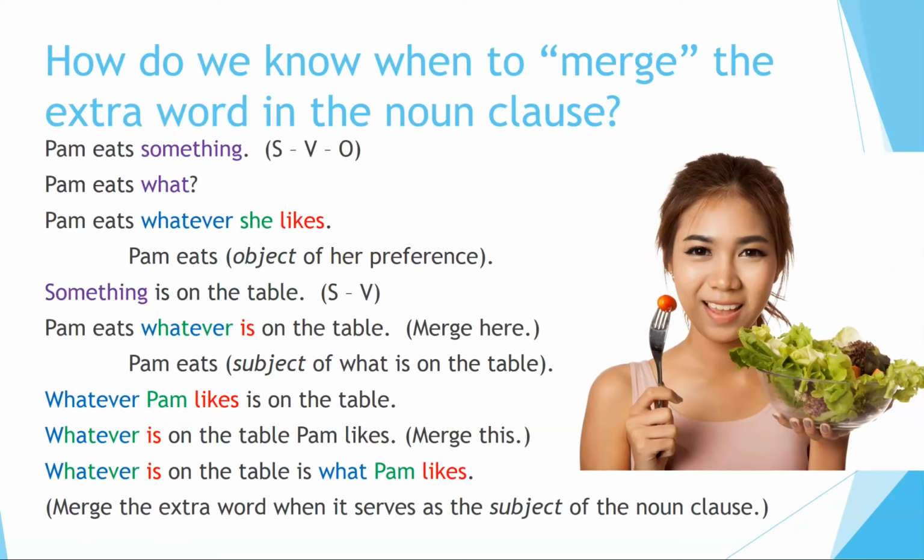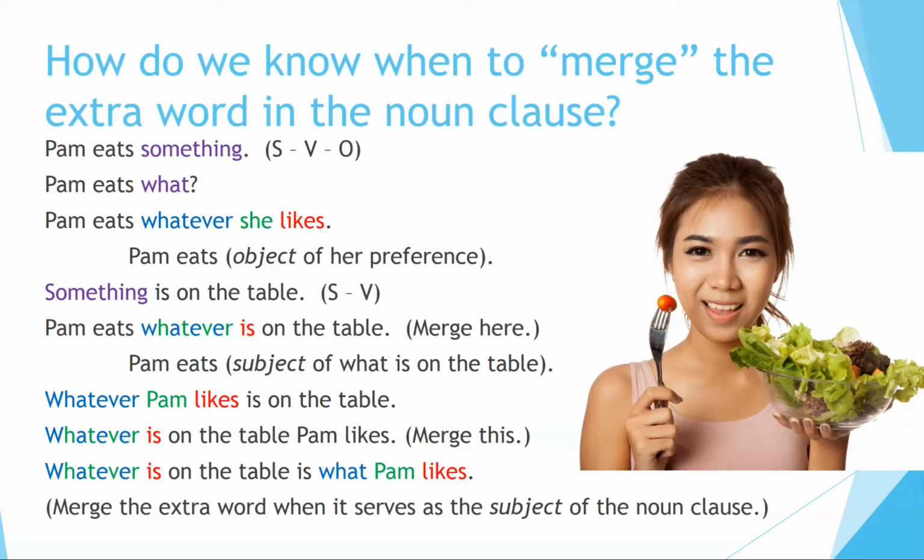How do we know when to merge the extra word in the noun clause? Let's look at some examples. Pam eats something. This follows the subject-verb-object pattern. Pam eats what? Pam eats whatever she likes. This is the noun clause. Pam eats the object of her preference.